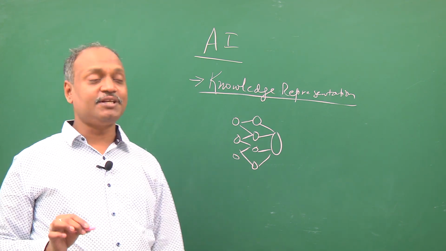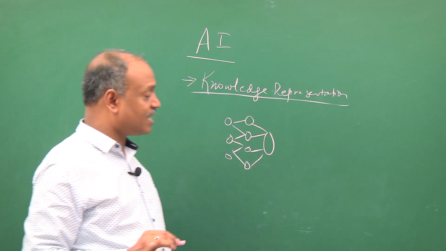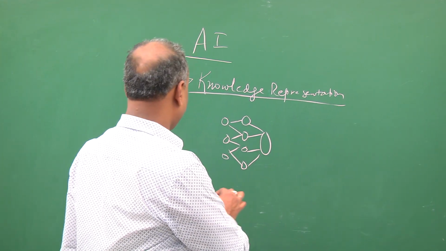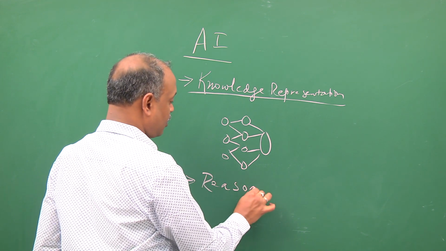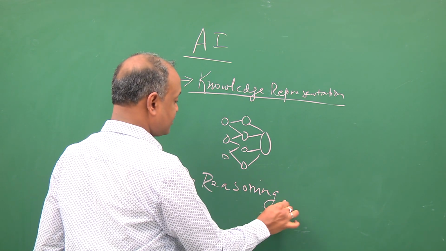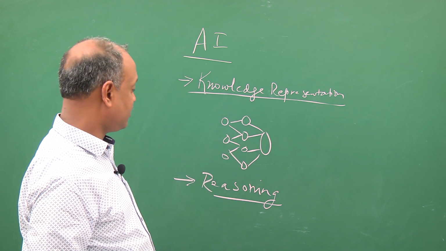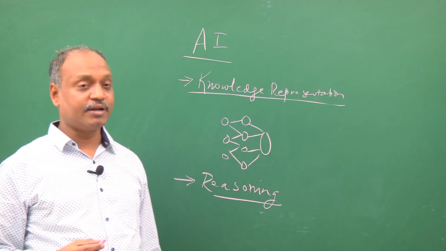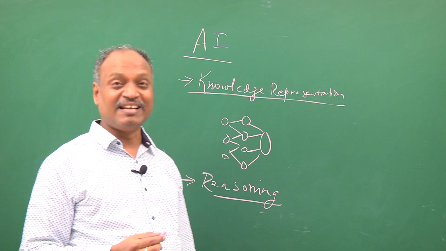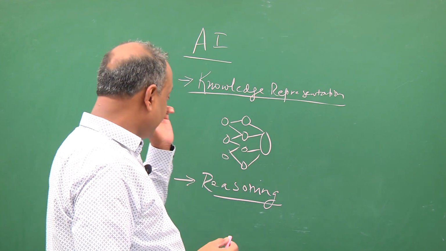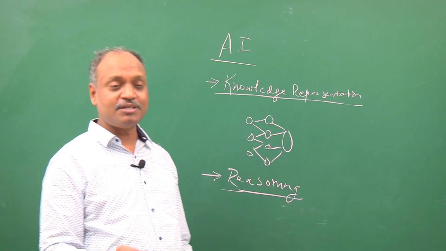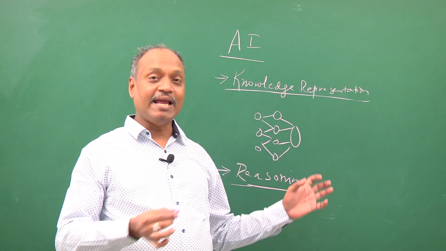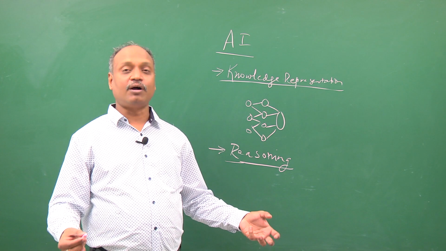So while knowledge representation is definitely an important aspect, the other aspect is what you do with the knowledge that is represented and modeled. The next aspect which is important is what is known as reasoning. Reasoning is basically a basic human tenet whereby, in the presence of existing knowledge, you infer a new piece of knowledge.